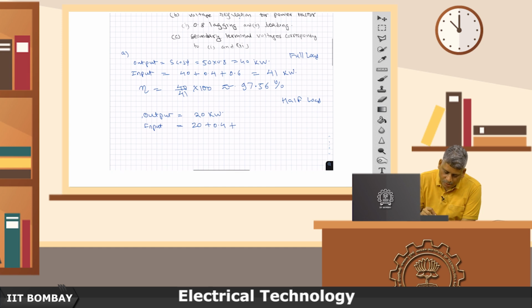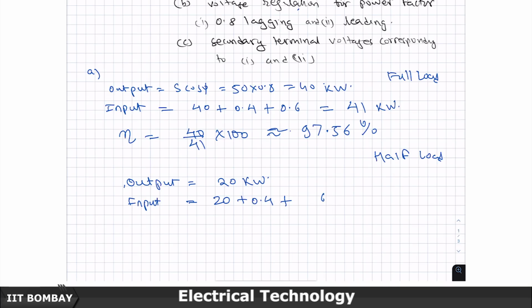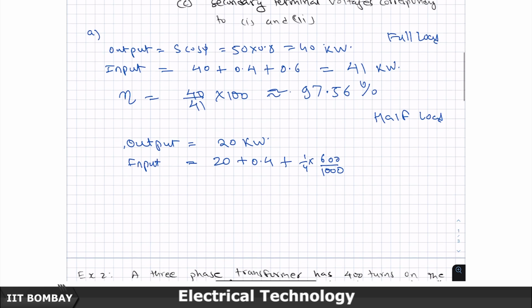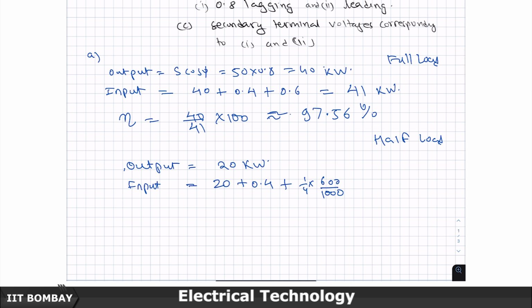So, this loss will become 600 into half square, which is 1/4. 600 divided by 4 is 150. To convert it into kilowatts, divide by 1000, so 150 divided by 1000 is going to be 0.15.